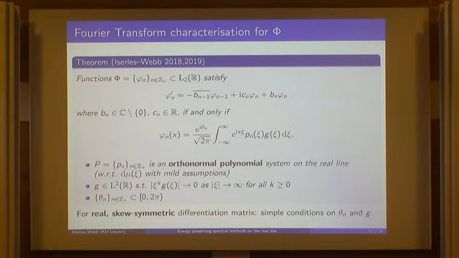Some function g, which decays superalgebraically and is an L2 function. And then there are some little parameters, theta n. But this is all the functions that satisfy this relationship.